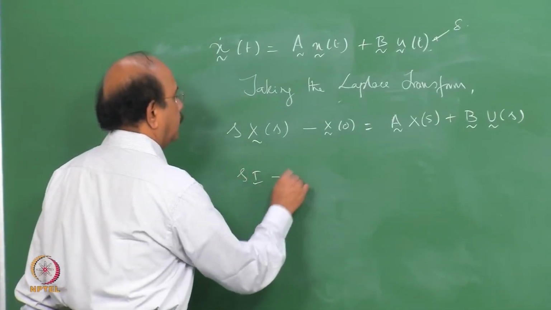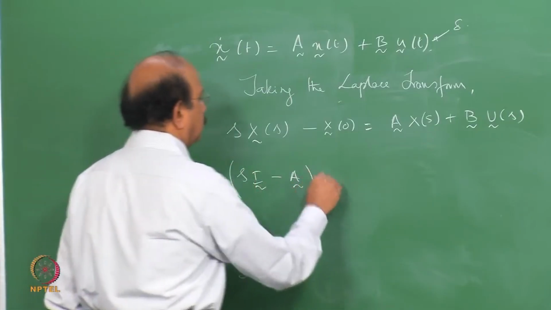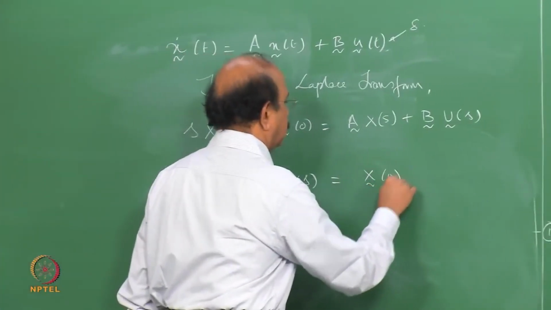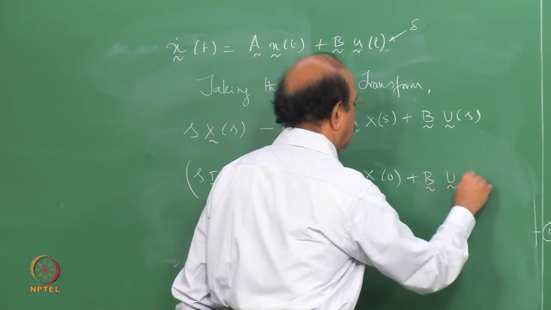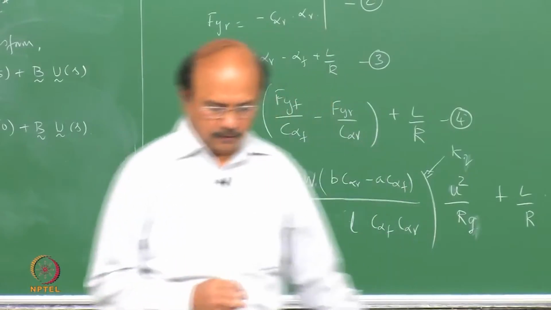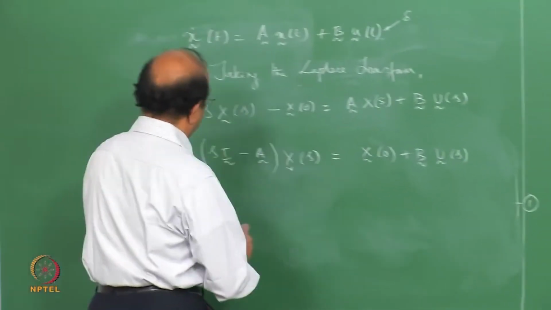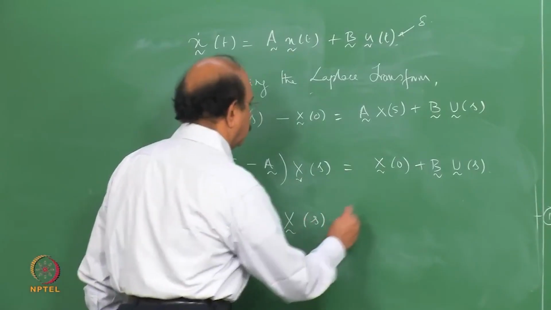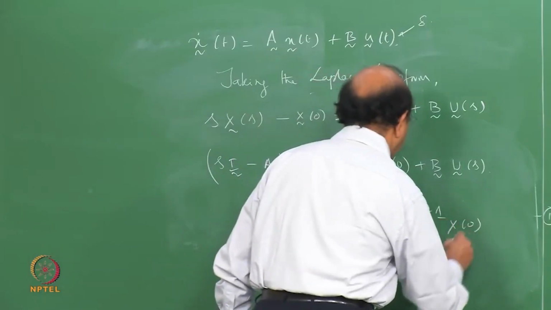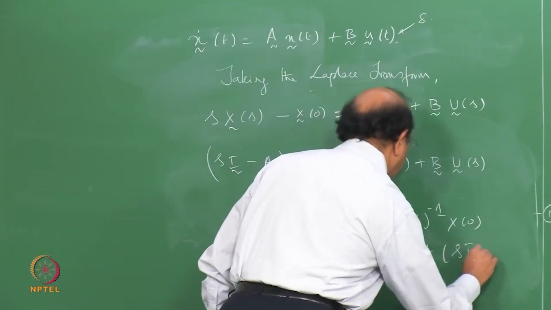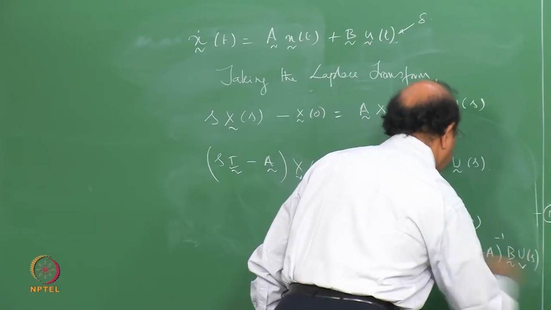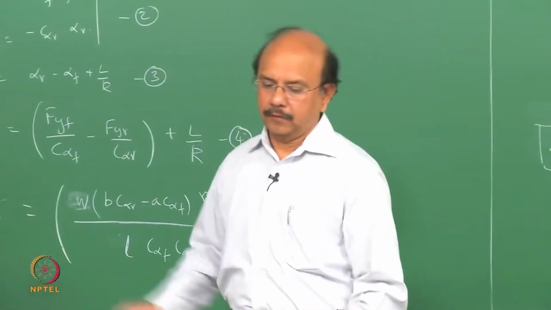So sI minus A times X(s) is equal to x naught plus B U(s). Clear? So that X(s), these are all which you have studied, is equal to... clear?